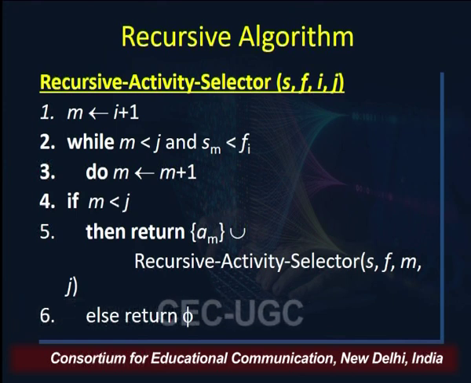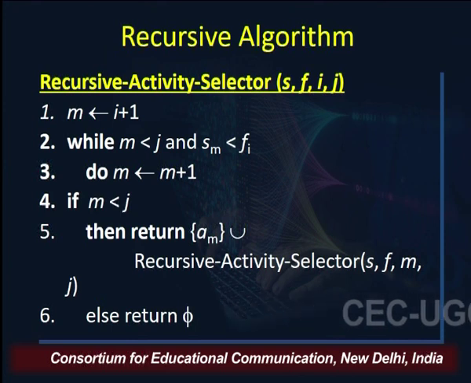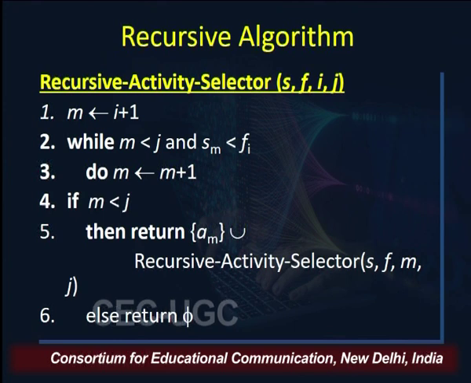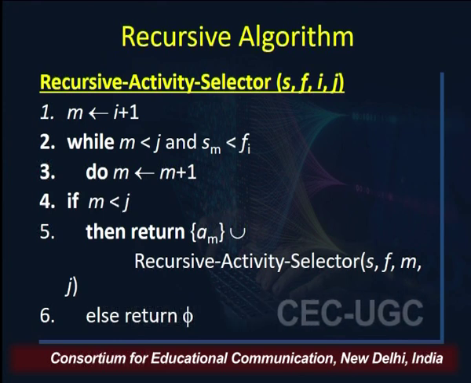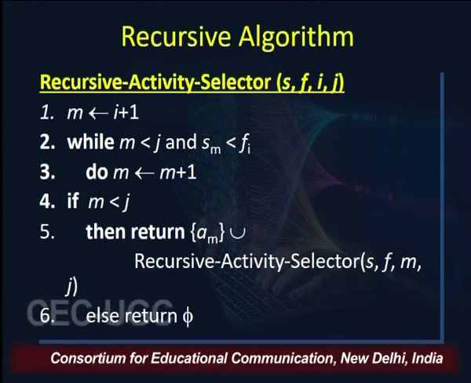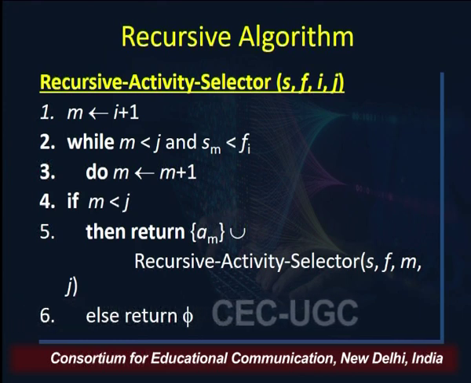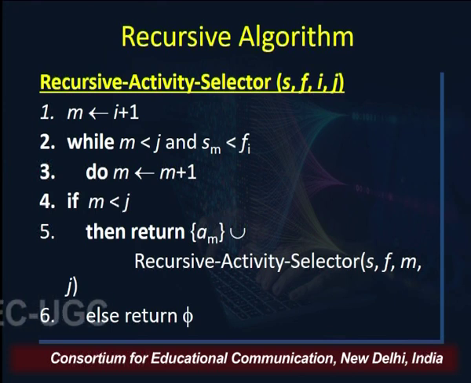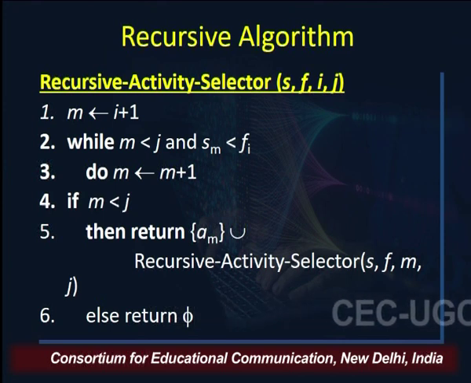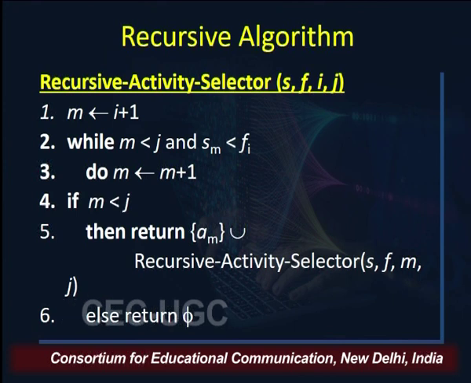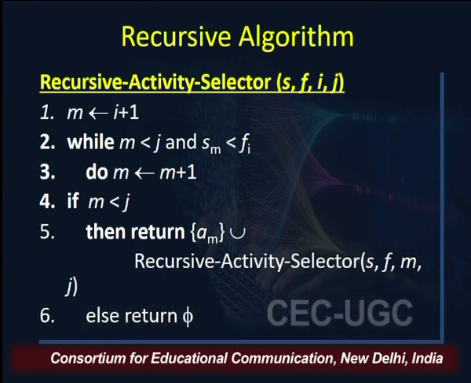First of all, we are going to pick one particular activity, and if m, which is i plus 1, is less than j and S of m is less than F of i, we are going to increment m to m plus 1. And if m is less than j, then we need to return A_m union the recursive activity selector S, F, m, j, else we will be returning phi.